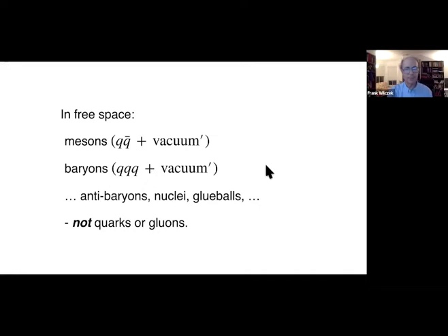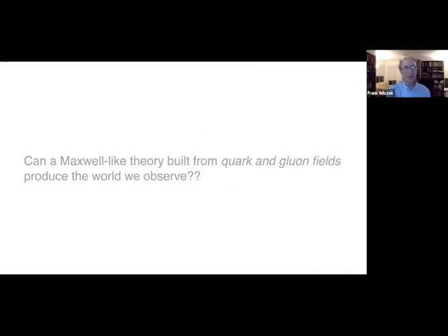So this was unprecedented in physics, and it became a question: can a Maxwell-like theory built from quarks and gluons, instead of being based on electrons and photons, produce the world we observe?